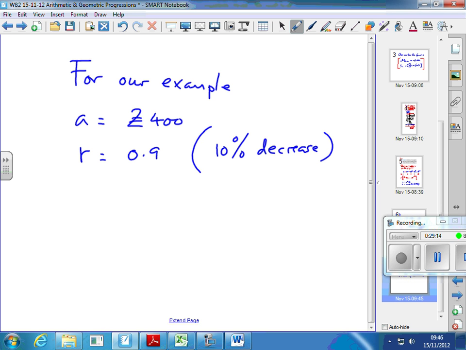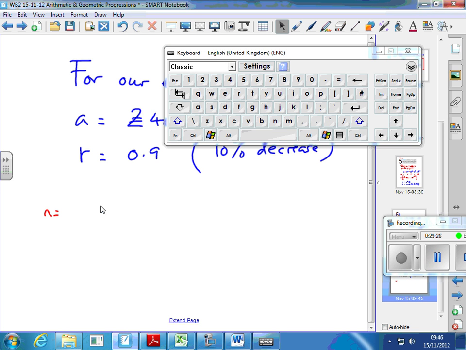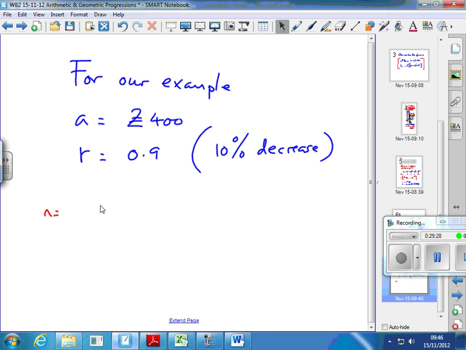So therefore we've got n equals 1, 2, 3, 4. Let's write down the first 4 years.